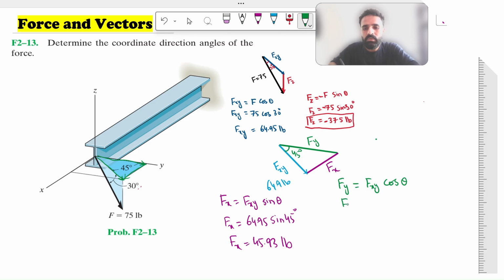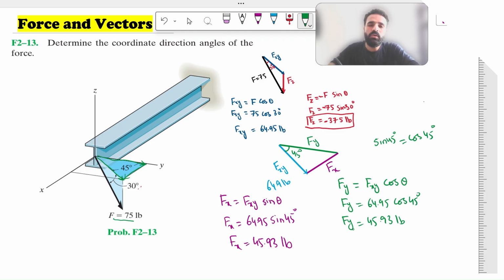Putting the value of Fxy, which is 64.95, and theta 45, the Fy value will become equal to 45.93 pound. Here you can see that Fx and Fy are both equal, because sine of 45 equals cos of 45. That's why the components of this force F along the x and y axes are equal.